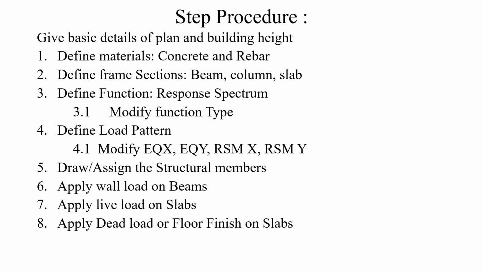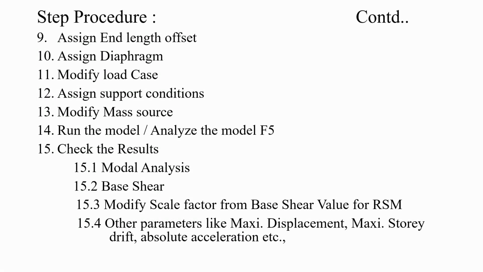Then we have to draw and assign the structural members to the grid system, and we have to apply the wall load on the beams and the live load on the slabs. Then we have to apply the dead load or the floor finish load on the slabs. Then, selecting the columns and beams, we have to assign the end length offset.